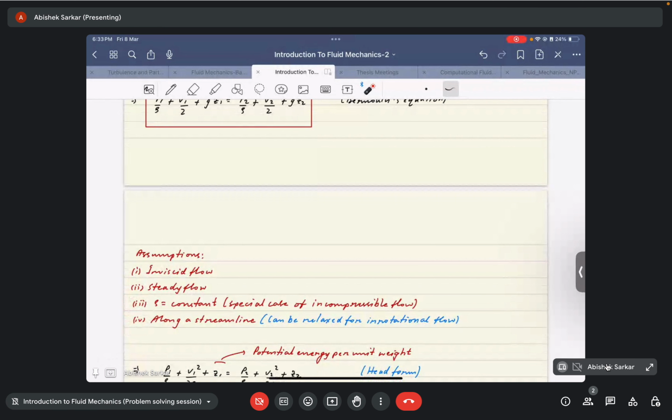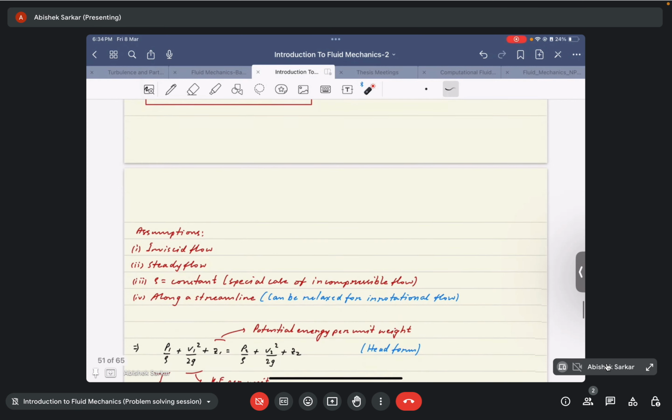But again, the special case is that if the flow is irrotational as well, because till now in these assumptions we have not considered irrotationality. So if along with being inviscid, the flow is irrotational as well, then we can apply Bernoulli's equation between any 2 points in the flow field. I would like to repeat it because it's very important.